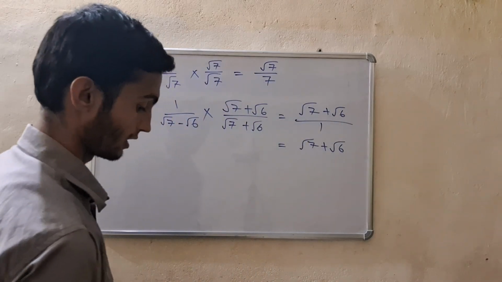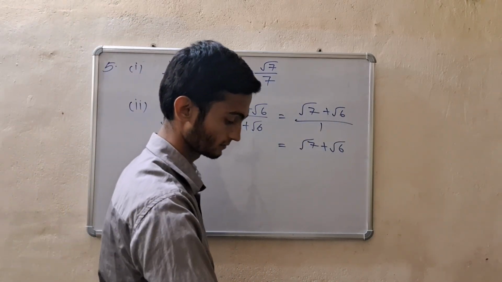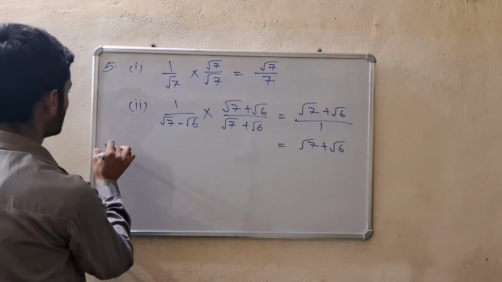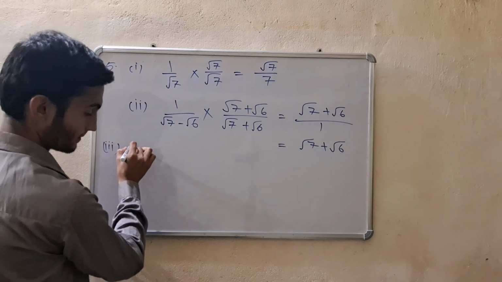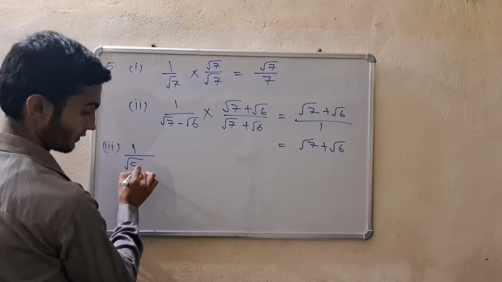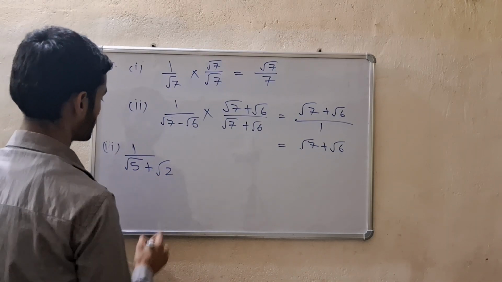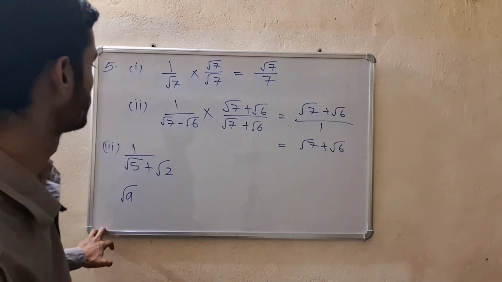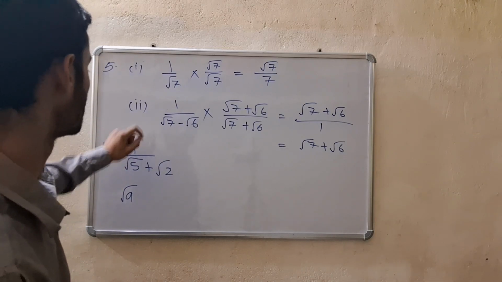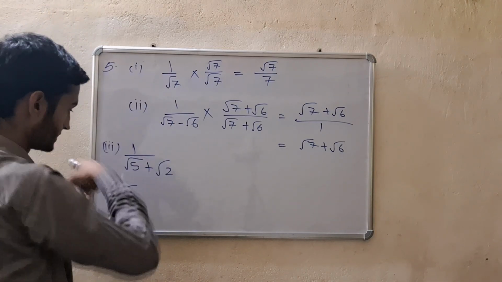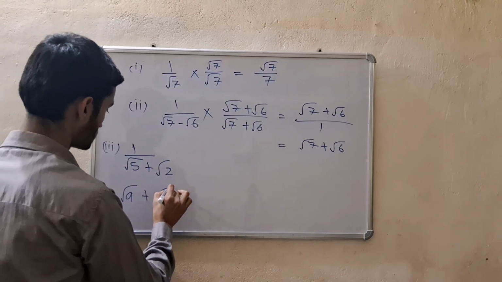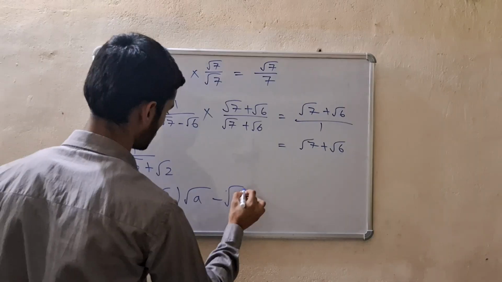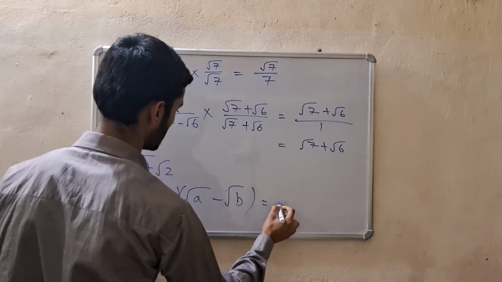Okay, now let's move to the next one. It says to rationalize the denominator of 1 upon square root of 5 plus square root of 2. Again, we will use the same identity which we used in the second sub-question. For square root of a plus square root of b, we multiply by square root of a minus square root of b, so that we get a minus b.